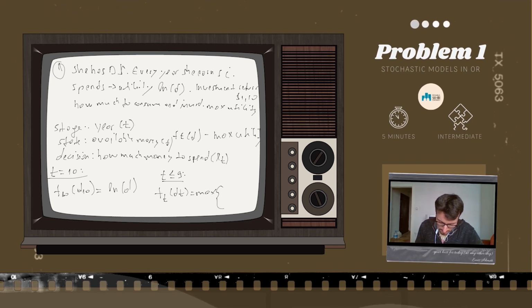In that case, I can spend an LN C amount of money. So I spent something, I made that decision. And how much money will I have in the next year?